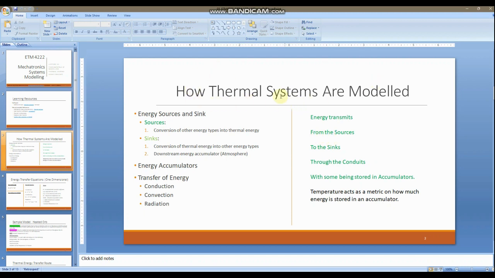And in our thermal systems models, when a conversion happens which converts some form of energy into thermal energy, we call that a source. And if there are some conversions going on which convert thermal energy into other forms of energy, we call them sinks. Right?